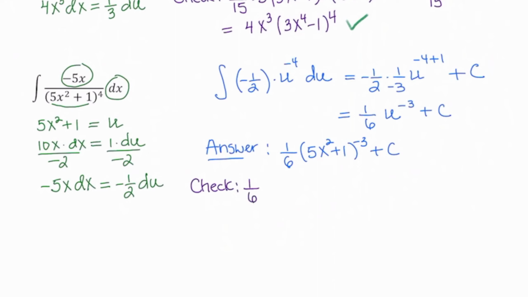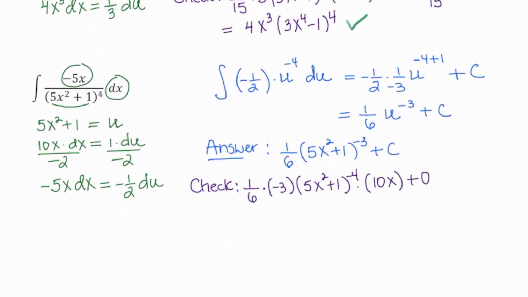So this becomes 1 over 6 times negative 3. Right, so we apply the power rule. Okay, so 5x squared plus 1 raised to negative 3 minus 1, that becomes negative 4, times the derivative of the inside, which is 10x, and plus 0 here.